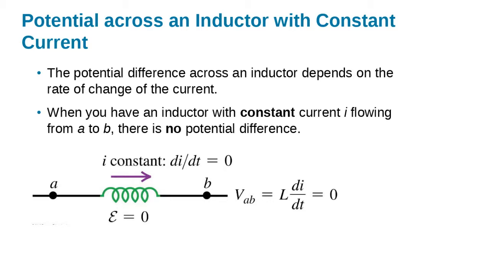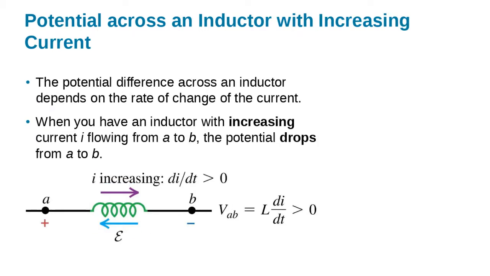Then we looked at what happens when the current is increasing. When we've got a constant current, then we don't have any voltage over our inductor.